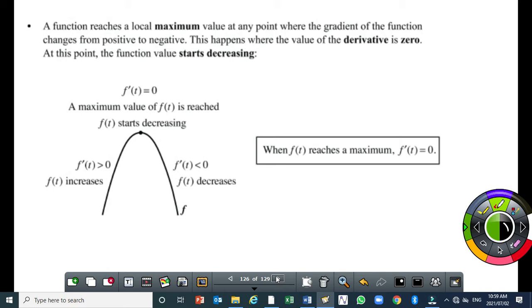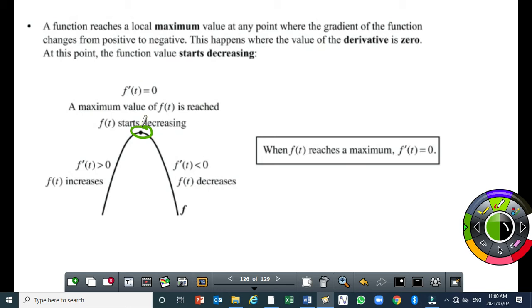Then the graph, it is at a maximum where you have got a maximum turning point there. At the turning point here, the gradient is what? 0. So if the turning point is the maximum like this, that's where you get the maximum value of the function. Right? To the left of it, the gradient is positive, which means the function is increasing.